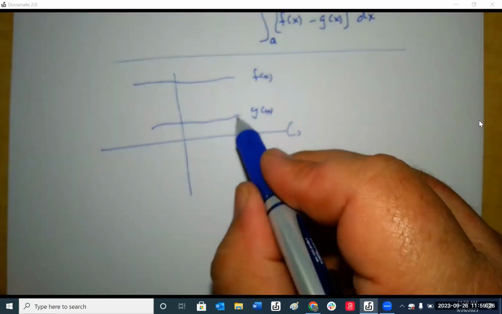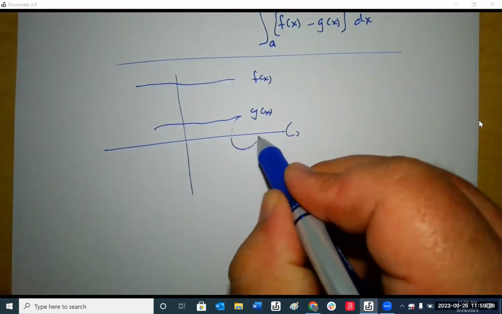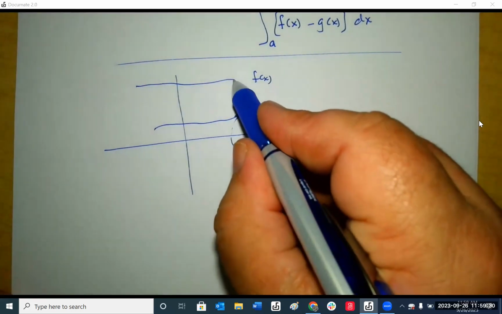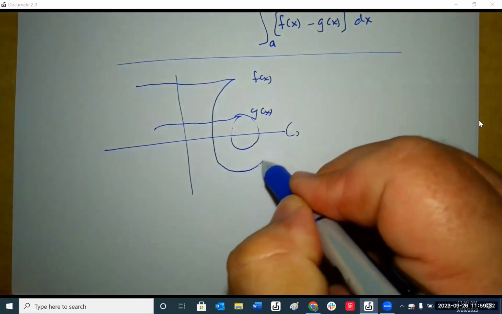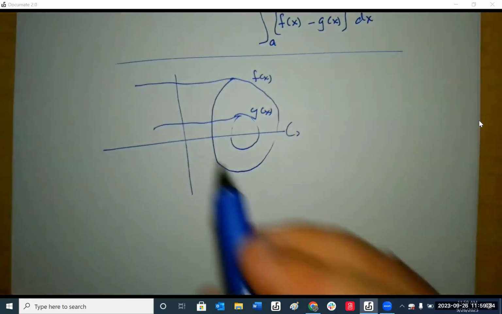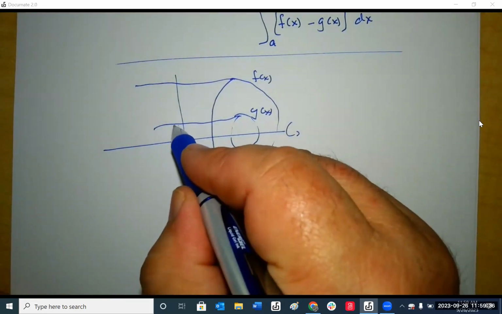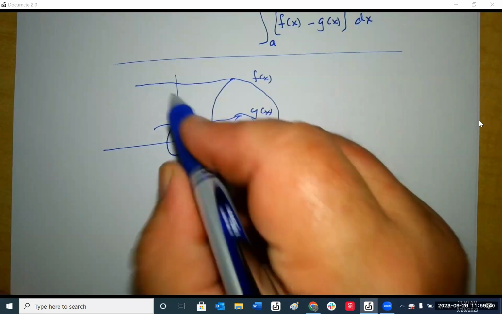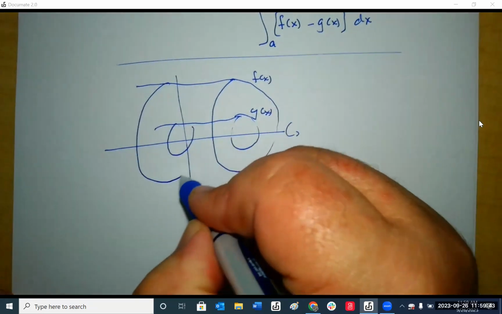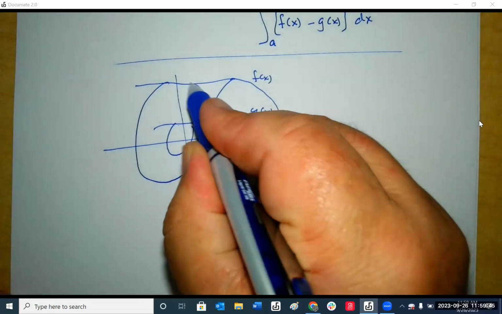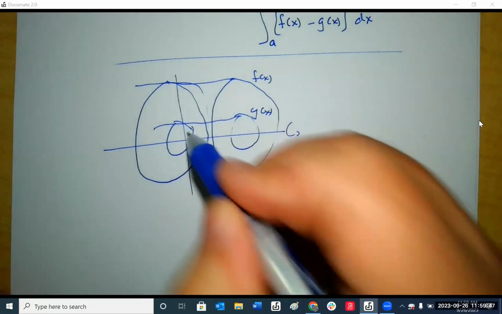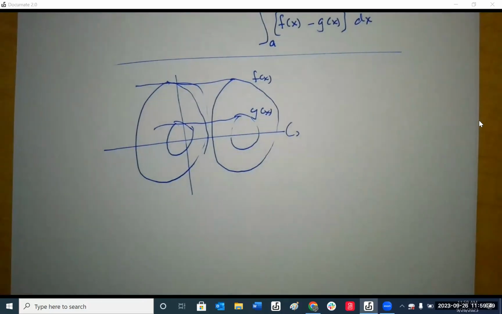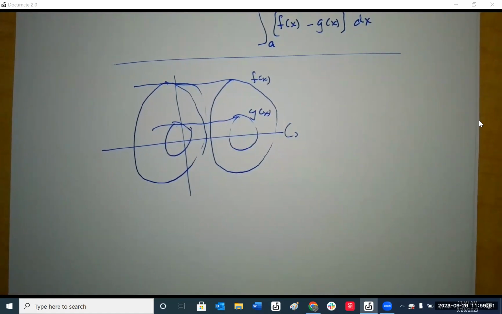If we rotate about the x-axis, this is what we're going to get.